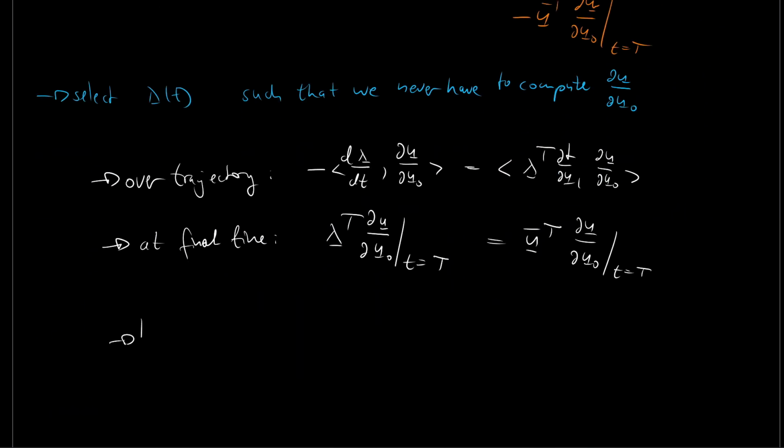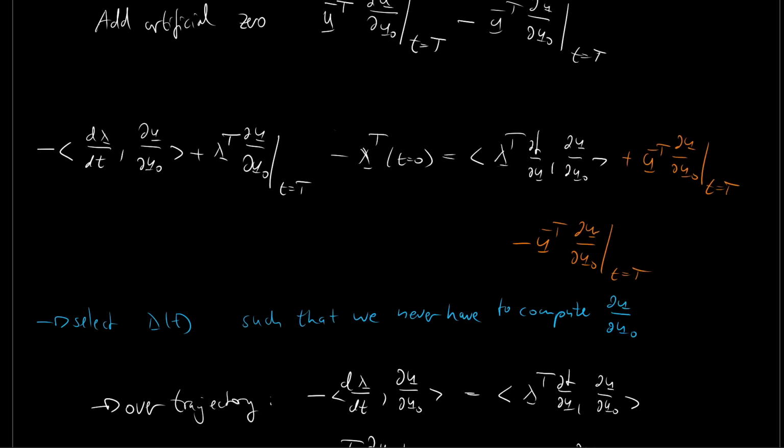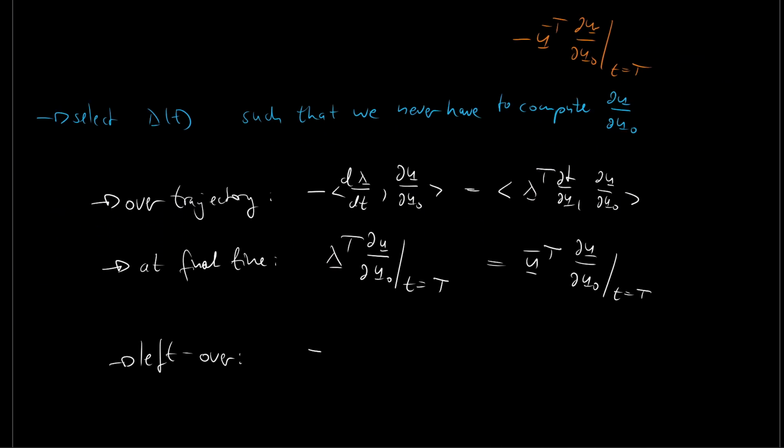And then basically we have a leftover, and the leftover will be just that one here and one of the two from our artificial 0. So we will have a minus lambda transpose evaluated at t equals 0 is equal to minus u bar transpose du evaluated at u0 at t equals capital T.